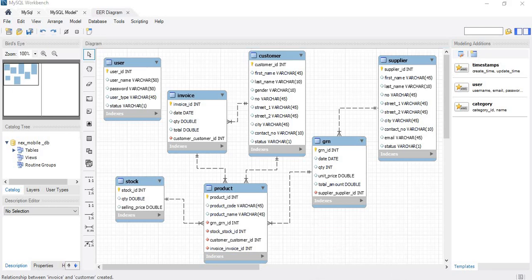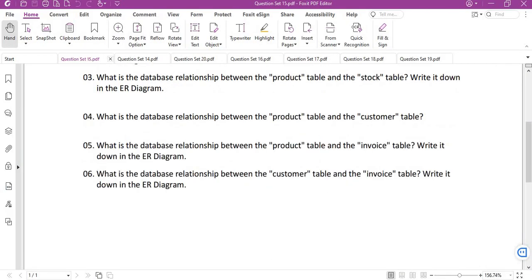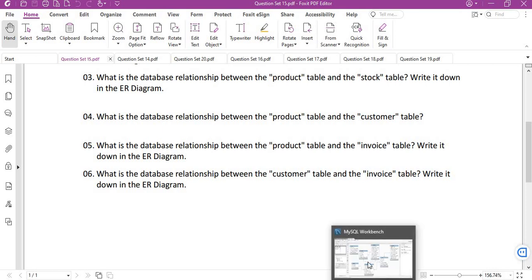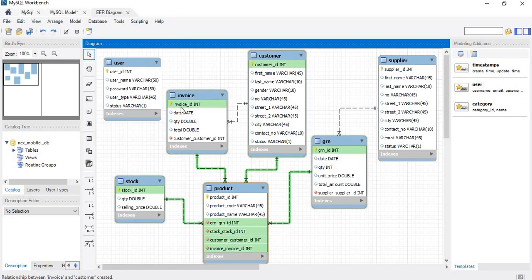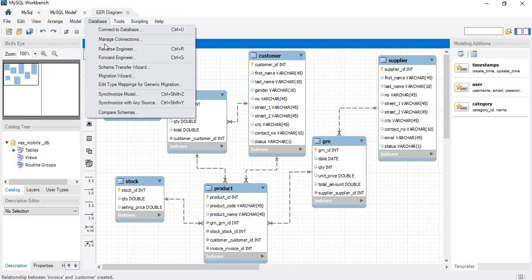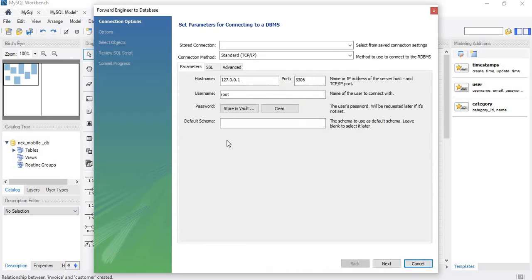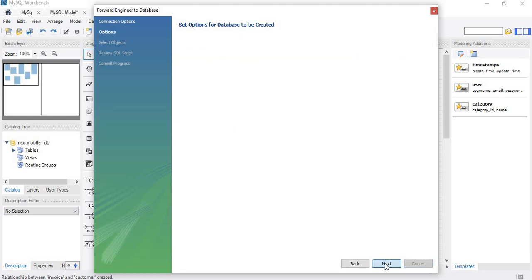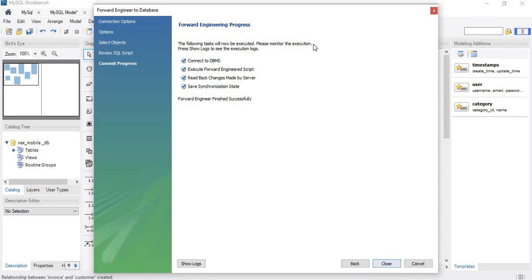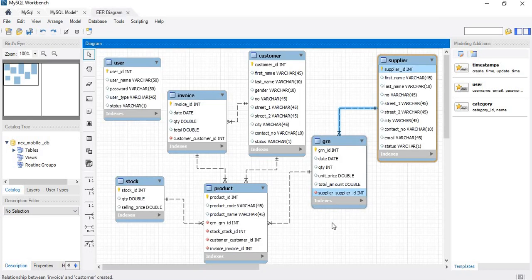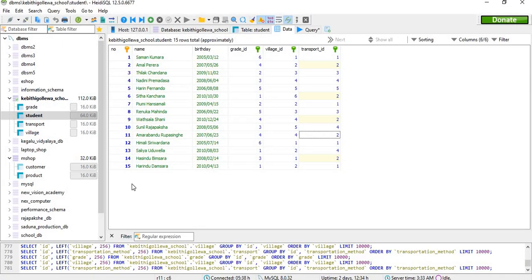So that's for the requirements. We will forward engineer this ER diagram, because if we need to enter values we need to forward engineer. The database has been forwarded successfully. We will see.